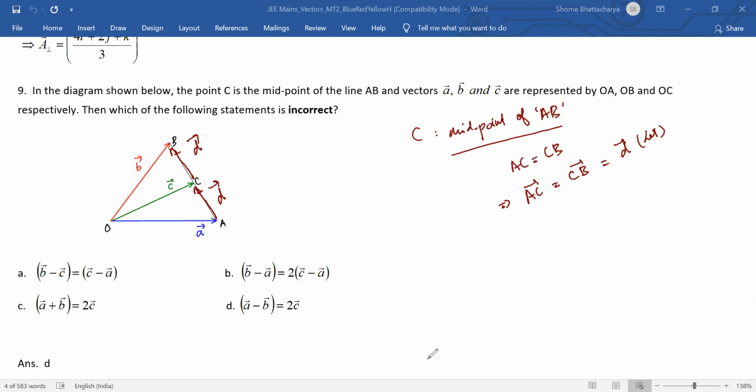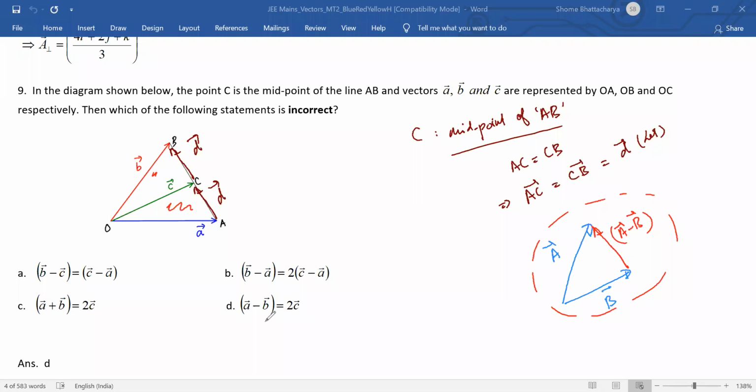That's also D. Now in a normal vector diagram, if you have two vectors drawn from some point like this, let's say this is vector A and this is vector B, then if I now draw a third vector from head to head, it's nothing but the difference. So this vector here is A minus B.